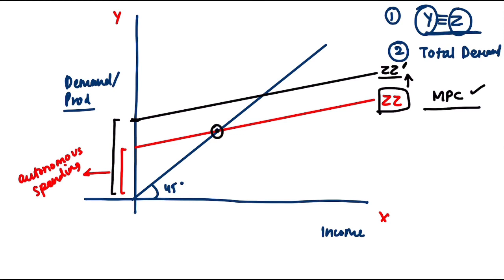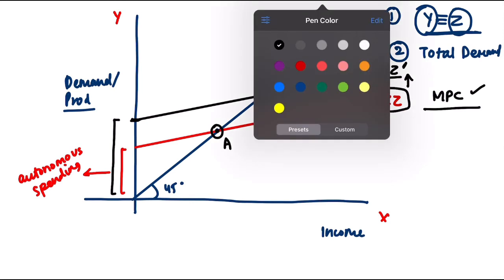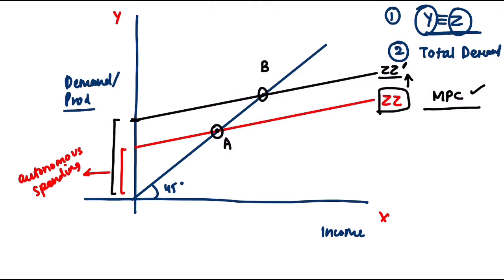So initially you were at a point A. Now you are at a point B. Let's analyze what really happened here. So this was your initial position and now you're here. So when we're saying that autonomous spending was increased, we mean that we move from the point A to a point C. Now, when there is an increase in autonomous spending, this means that there is an increase in income.